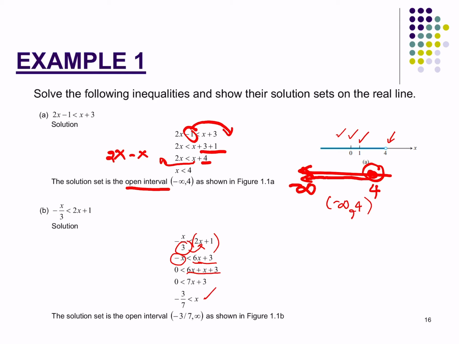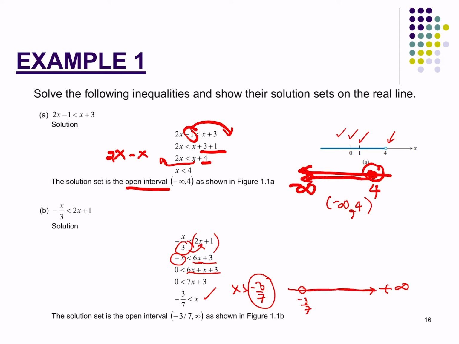Then in this case, we know that x must be greater than minus 3 by 7, which means that you have to go toward the positive infinity, and the value of minus 3 by 7 is not included in the set, so it must be an open circle at the point minus 3 by 7, and then you go toward that side.